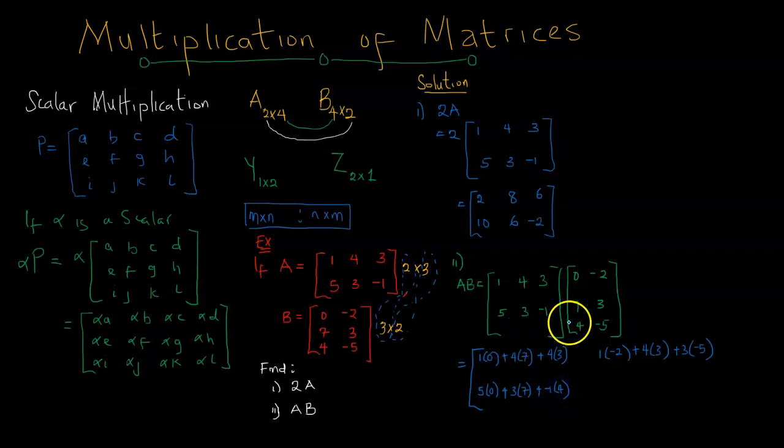We're done with the first part. We will move to second row, second column. That's 5 times negative 2, 3 times 3, then plus negative 1 times negative 5.